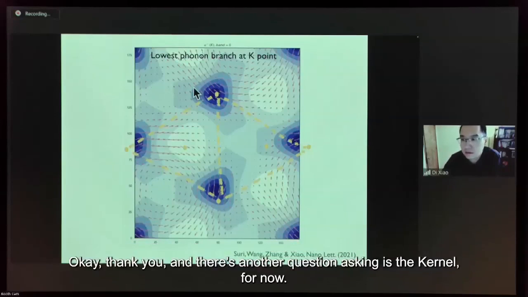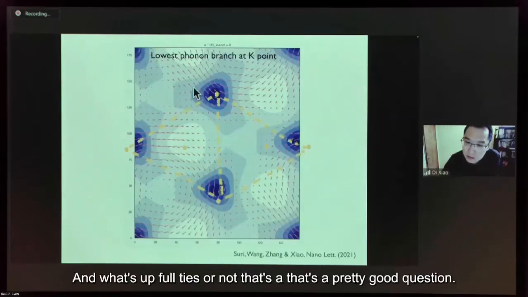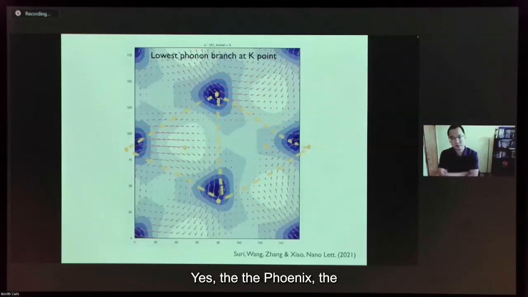Okay, thank you. And there's another question asking, is the chiral phonon angular momentum quantized or not? That's a pretty good question. There are two angular momenta.